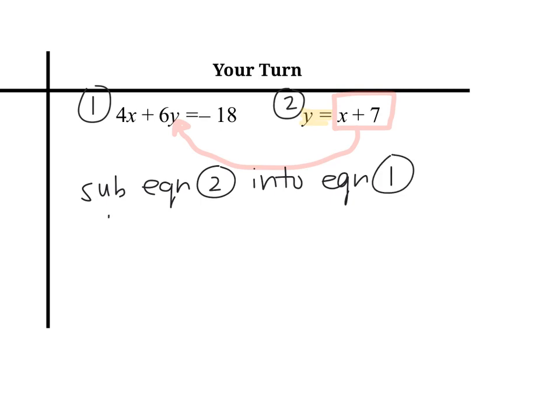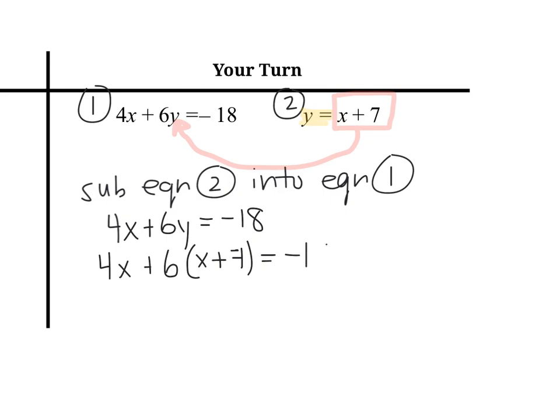So I'm going to recopy equation number 1, 4x plus 6y equals negative 18. But in the place of the letter y, I'm going to replace it or substitute it with equation number 2. So that's going to be the x plus 7.